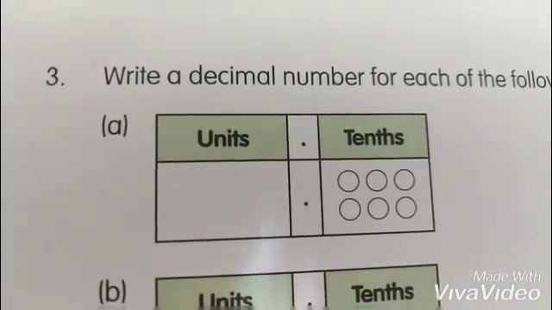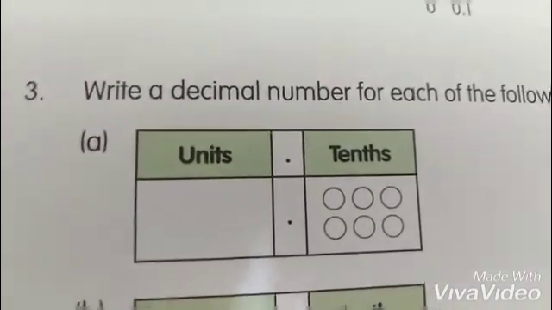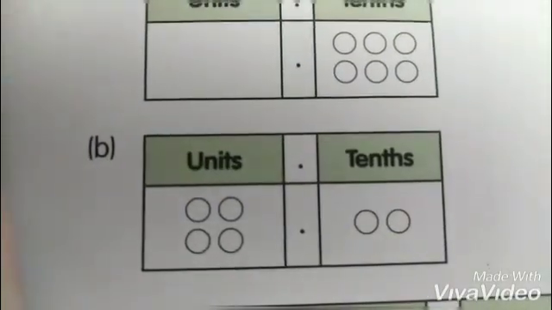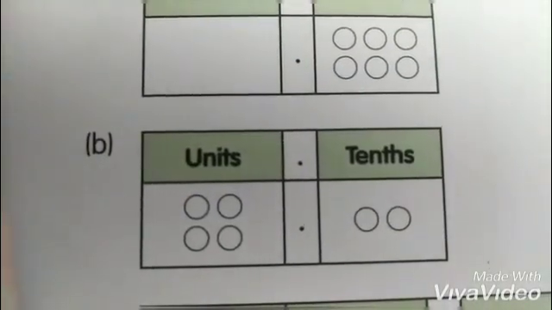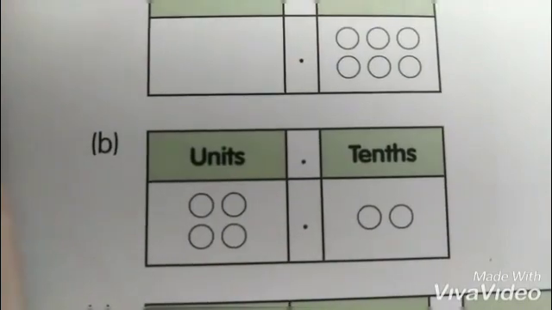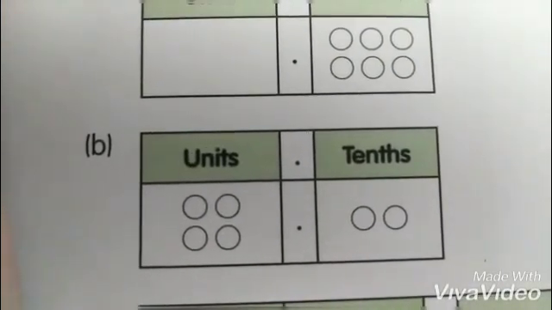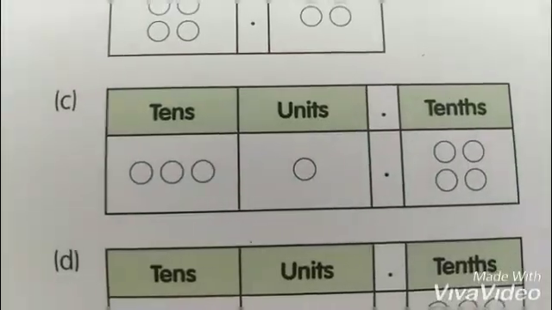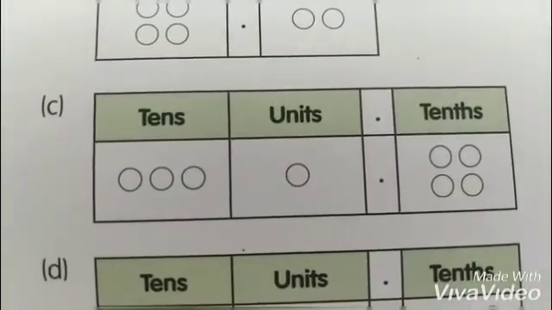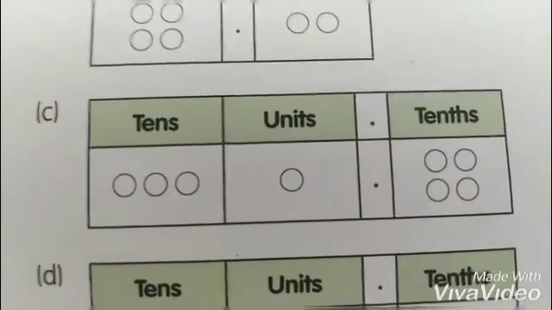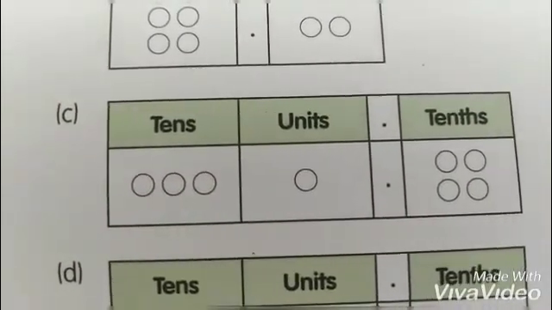So we can write this number as 0.6. In the second example, there are 4 units and 2 tenths. So we can write this number as 4.2.